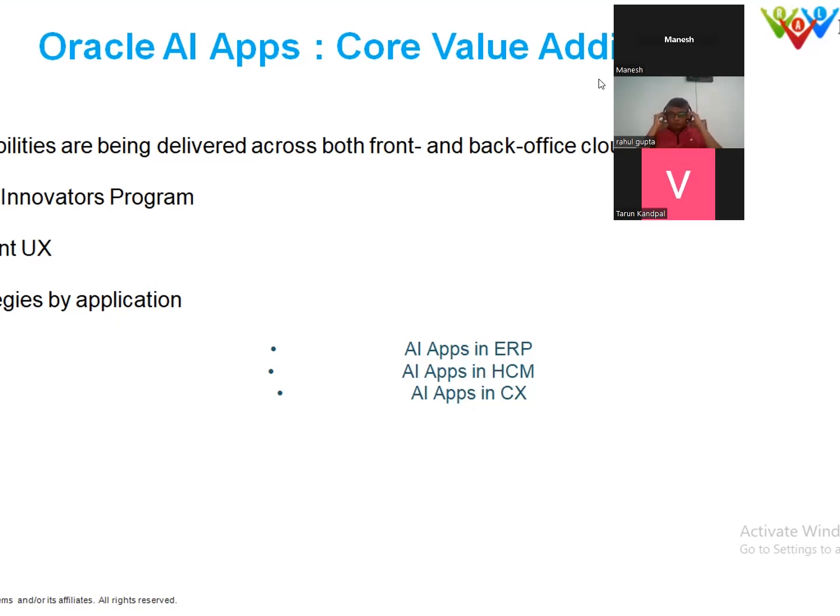In other areas of finance also, like dynamic code combination, the automation of code combination is getting used. In the same way, in HCM, AI apps functionality is used in the recruitment process. So basically, the strategy is to use AI apps at the application level.